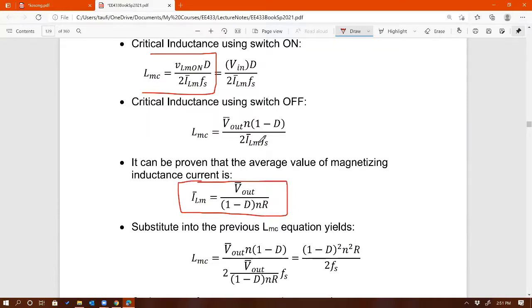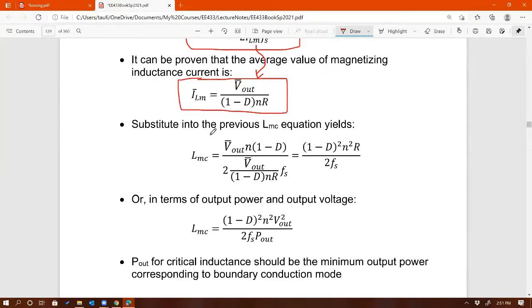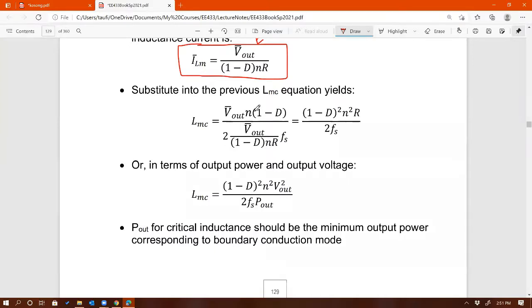So yeah, that's how you find the critical inductance, keeping in mind that ILM is this equation right there. And here I'm just rewriting the equation. There are several equations that you can use for finding critical capacitance, using different parameters. This one is using P out and V out. Okay.